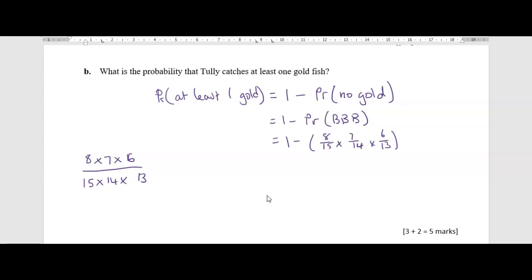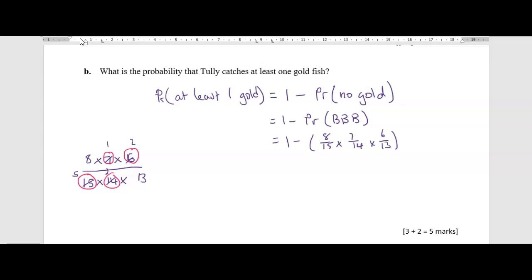So you can actually interchange your numerators and your denominators. So for this one here, I would be looking for common factors. So I would look at the 6 and the 15. Okay, so that can become, so the common factor is 3, so 2 and 5. And you can also do the 7 and the 14 can become a half.